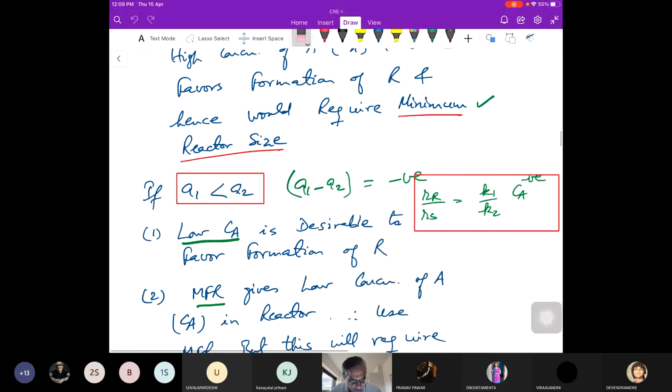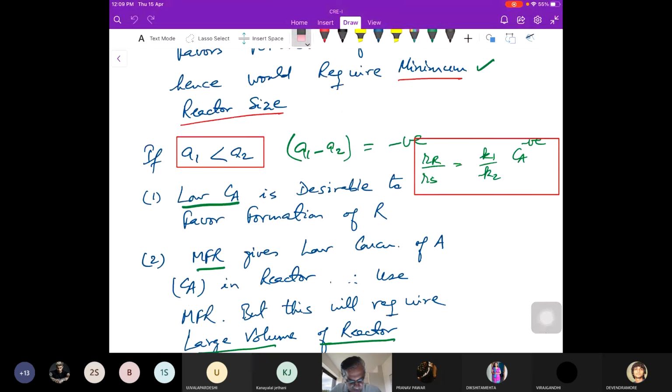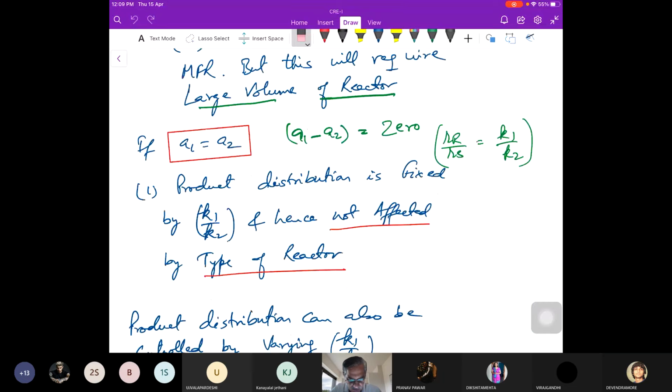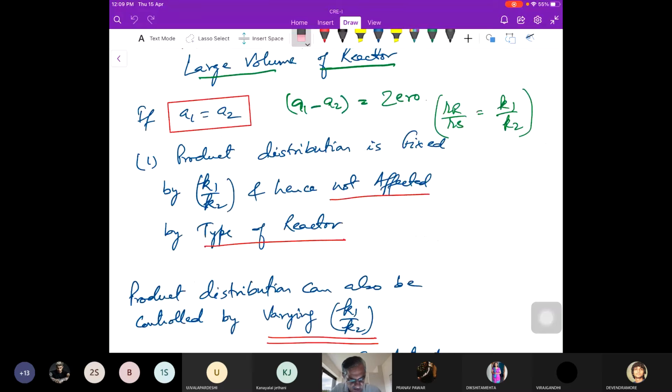And if a1 is less than a2, then we need to keep low concentration of A because the power is negative. So in that case, we can use mixed flow reactor. Any doubts on these concepts? And if a1 equal to a2, it doesn't really matter what reactor we choose because the mixing pattern is not really important.